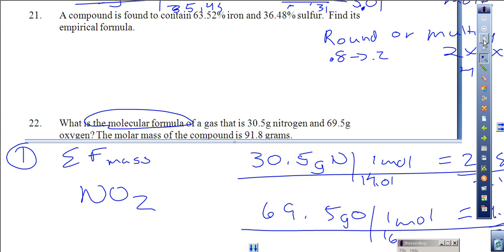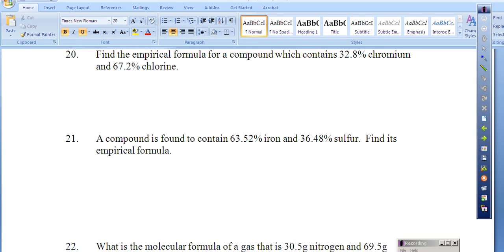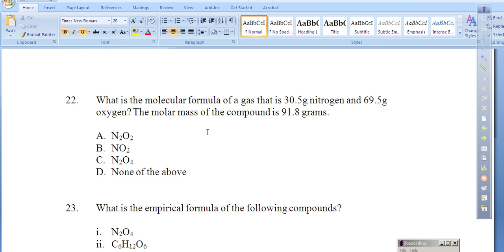Now let's go back and let's look at the problem set. And hey, look, you have your answer choices. And it says, what is the molecular formula? And look at B. Hey, it's NO2. Are we done? No, because we need to find the what? Molecular formula. What have we just gotten done finding? Empirical formula. All right?